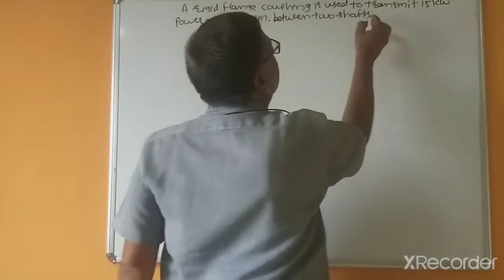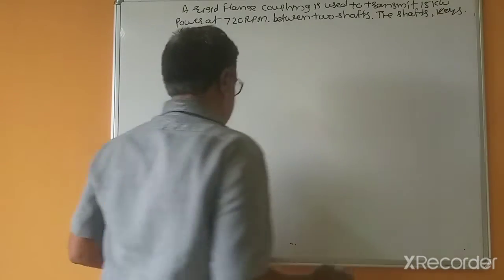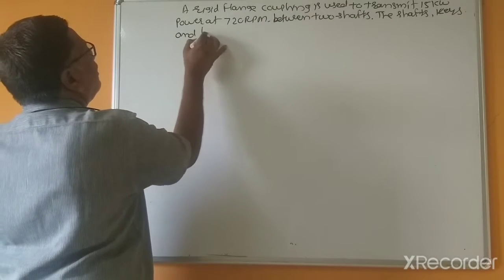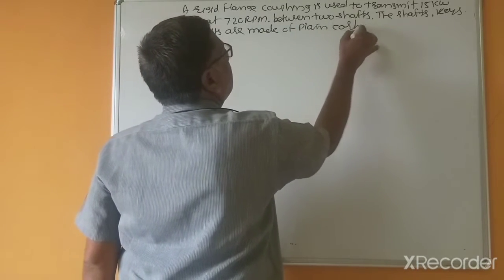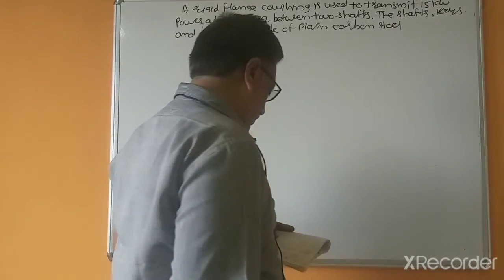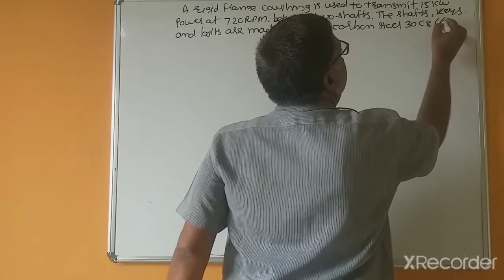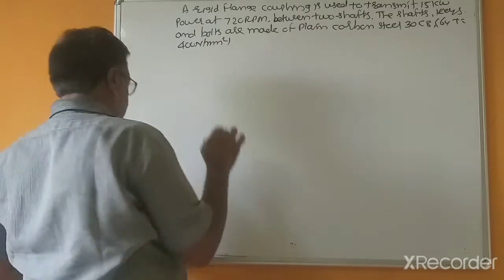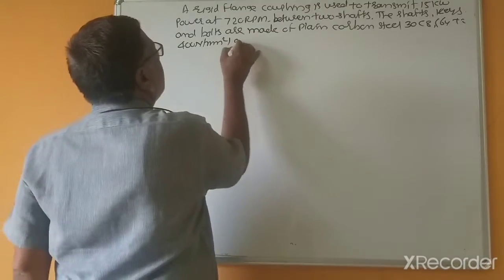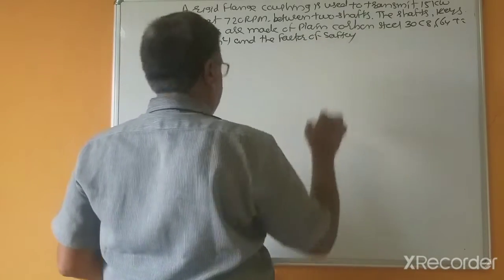The shaft, keys and bolts are made of plain carbon steel 30C8, sigma YT equal to 400 Newton per mm squared, and the factor of safety is 3.